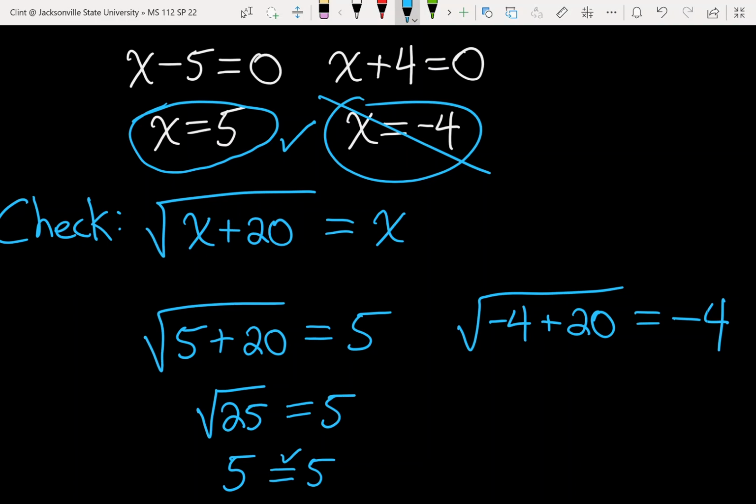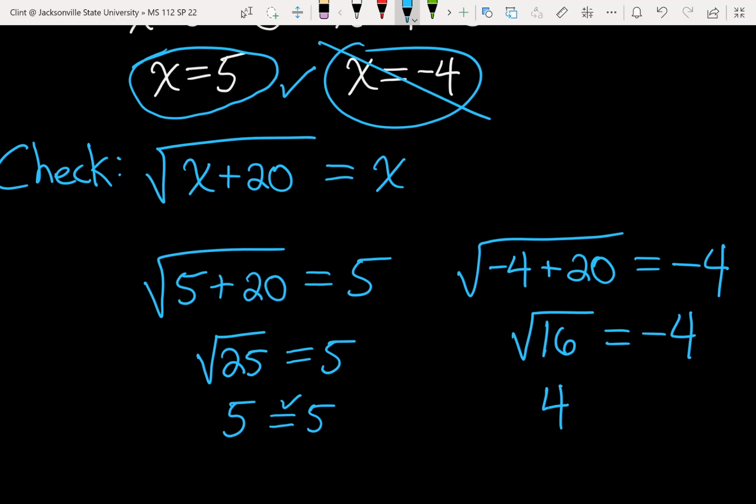Because that's not going to work out, because on this side we're going to get square root of 16 equals negative 4. It's not going to be negative. It's going to be positive 4. So those don't work. Sorry about that.